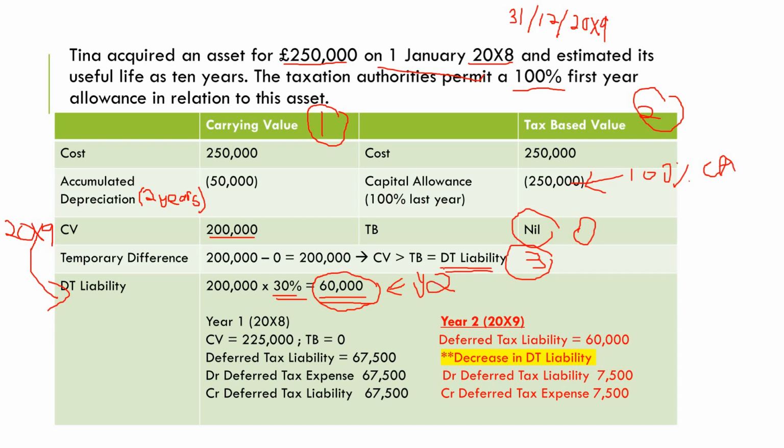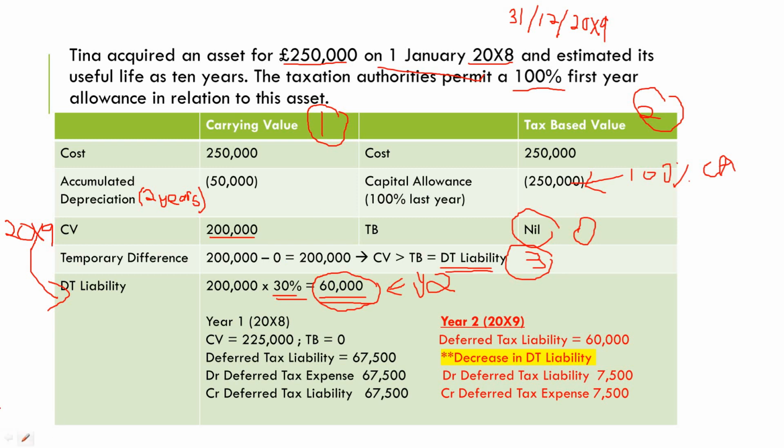You already have the opening balance for your deferred tax liability. So this one is a little bit different from the first and the second question, because in the first and second question, we are only looking for the treatment for the first year of acquisition. But this one, this asset is already in the second year.